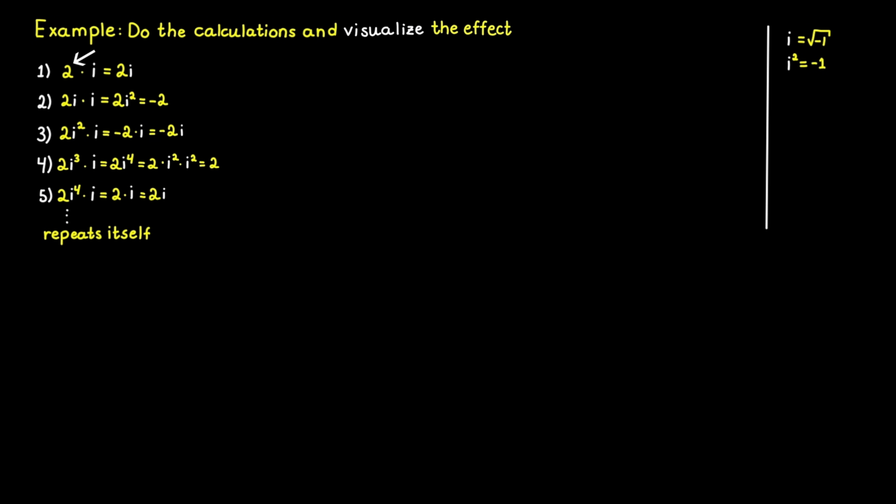We started with the number 2, and then we multiplied it with i 1, 2, 3, 4 and 5 times. And as you can see, we got back to the same number that we started with, the number 2, after 4 iterations. And this is no coincidence, which you are going to see for yourself when we now continue by visualizing this operation in the complex plane.